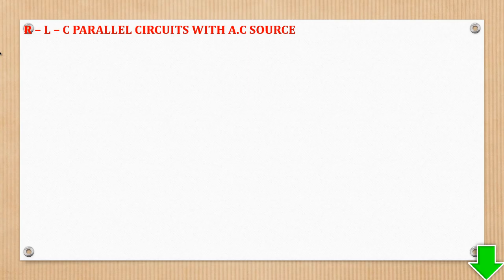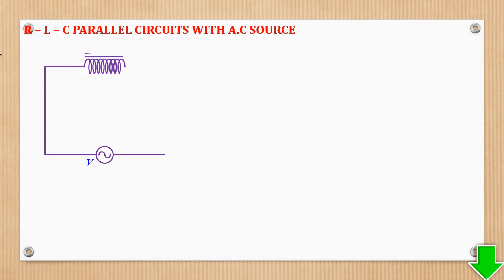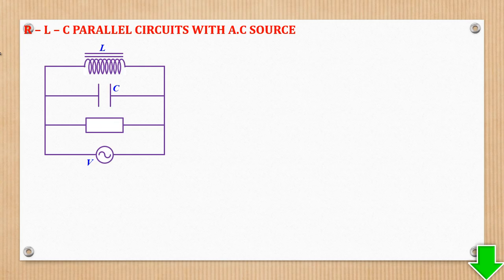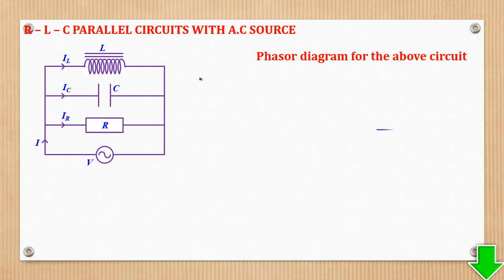So now we shall go to where the three components are in parallel: the resistor, inductor, and the capacitor. So the phasor diagram will be in this form.